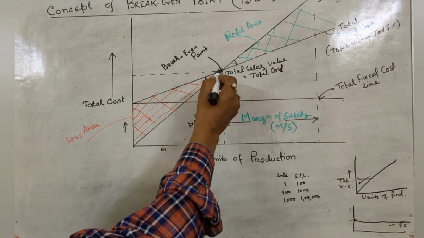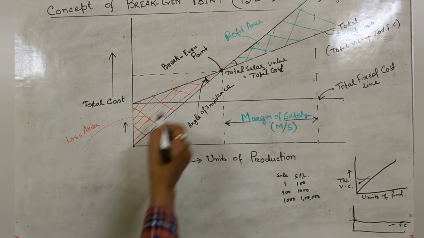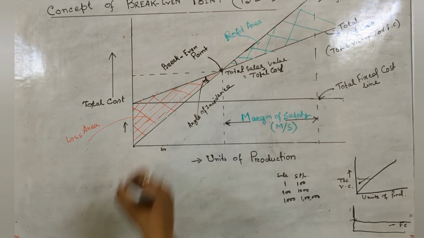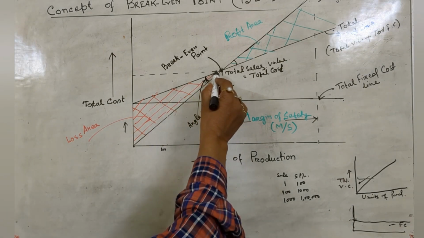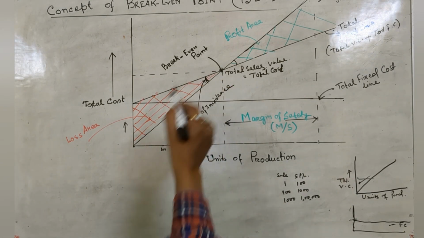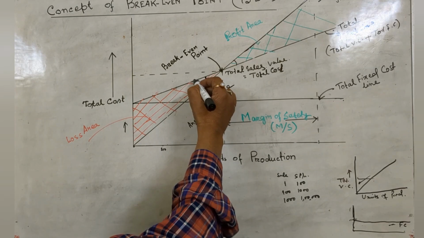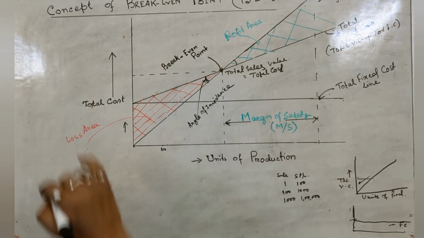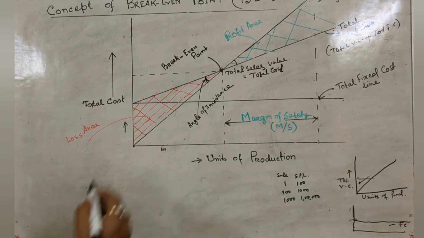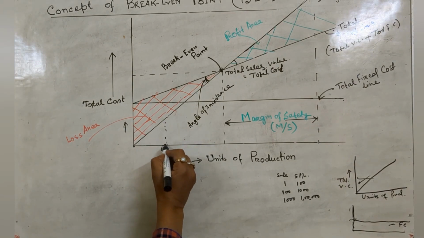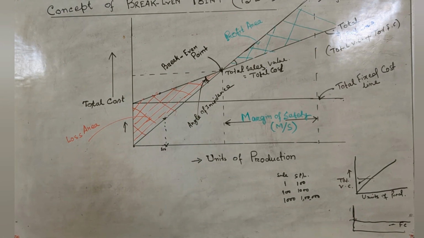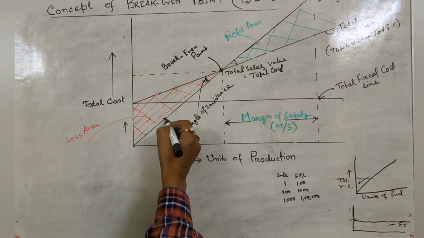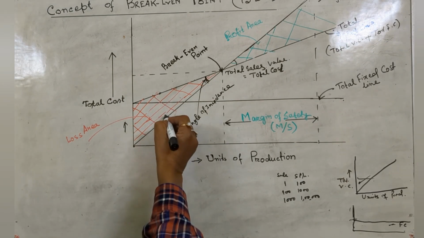Now we see, everywhere below this point, the cost line is always higher than the sales line. If you check any point, say this point, this is the total sales value and this is the total cost value. If total cost is higher than total sales, that means you are in loss.